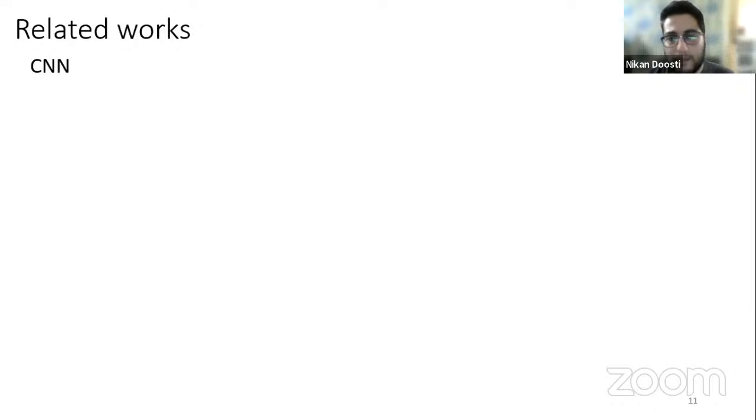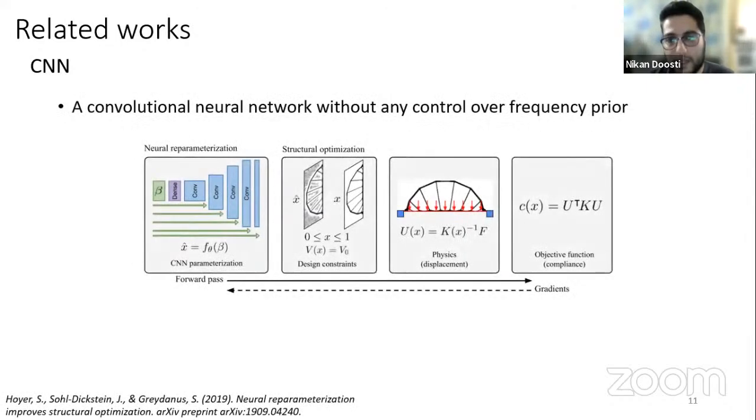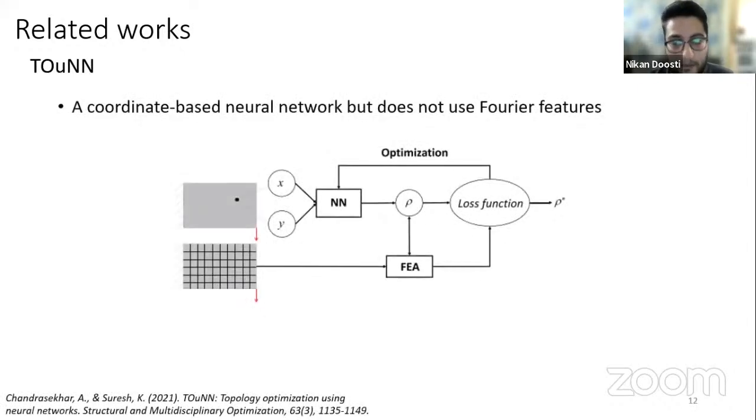Different authors have already adopted neural design parameterization before us in different ways. For instance, we can see here a convolutional neural network has been used to learn this mapping. In this work, a multi-layer perceptron or coordinate-based neural network has replaced the convolutional neural network, but still there is no frequency prior, such as Fourier features.